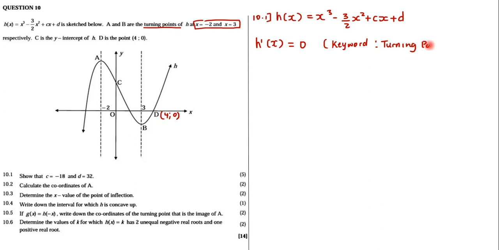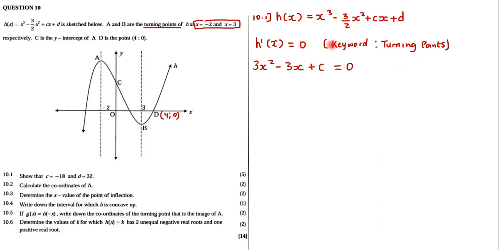From here we're going to differentiate this. When we differentiate, we get 3x squared minus 3x plus c, and this will be equal to 0.